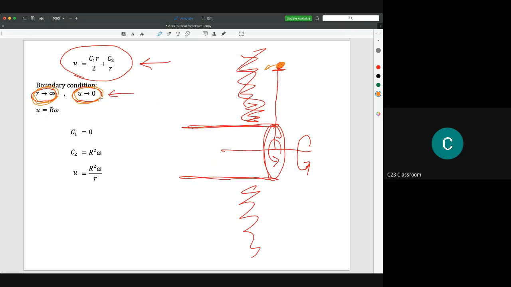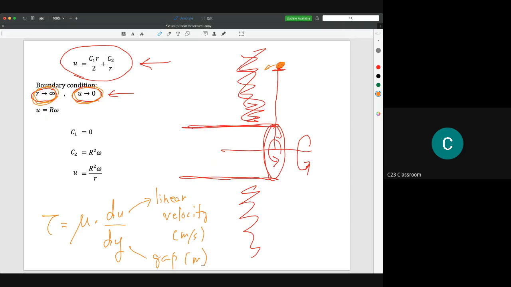Normally, for example in tau, we have tau equal mu du dy. Here you must know that u is linear velocity, in meters per second, and y is the gap, in meters.